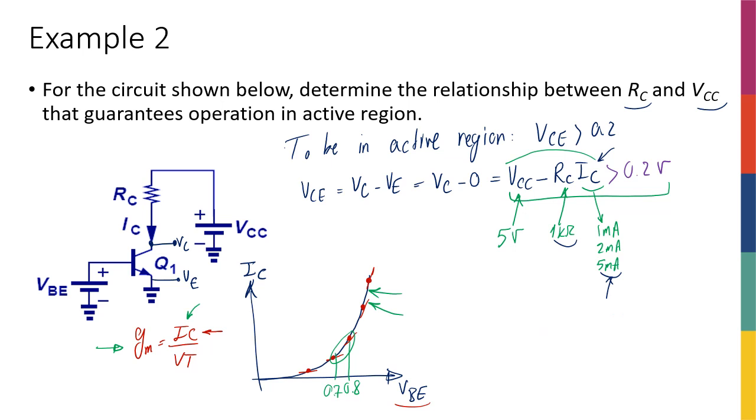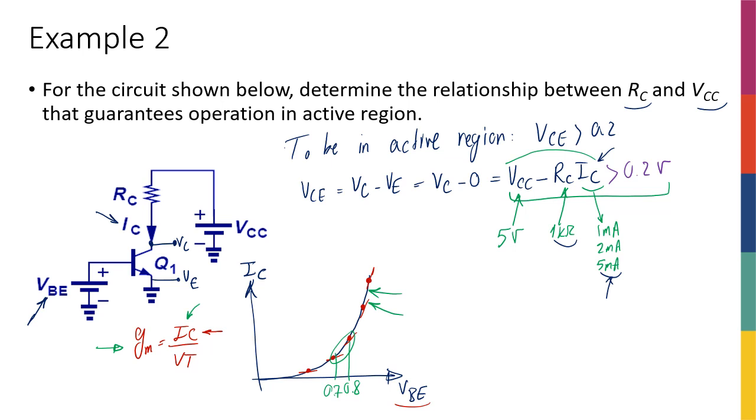But not going to saturation is one of the biggest reasons that you don't want to increase the collector current of your transistor. So based on the discussions of this slide, if I want to make sure that I don't go to saturation, I have to make sure that I set my base emitter voltage, because the base emitter voltage is what sets the collector current, right?